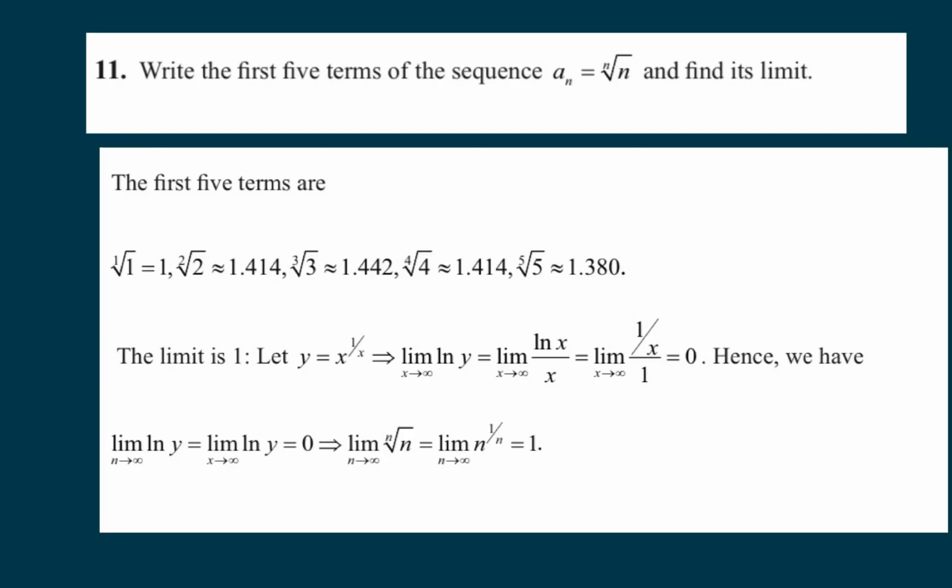Okay, next one, write the 5 terms of the sequence a sub n equals the n-th root of n. This is the n-th root of the number n, so it will be the first root of 1, the square root of 2, the cube root of 3.